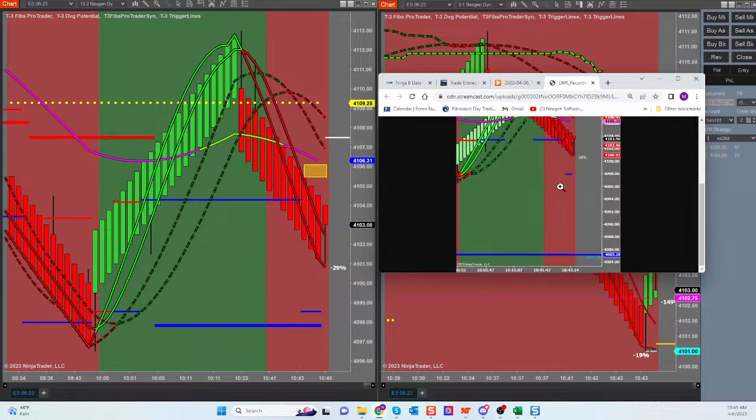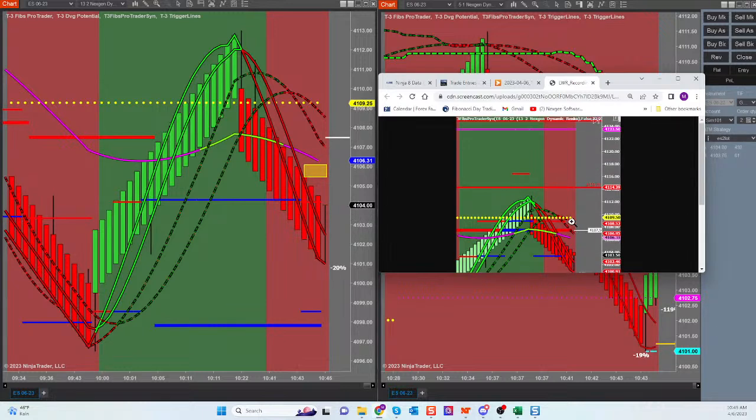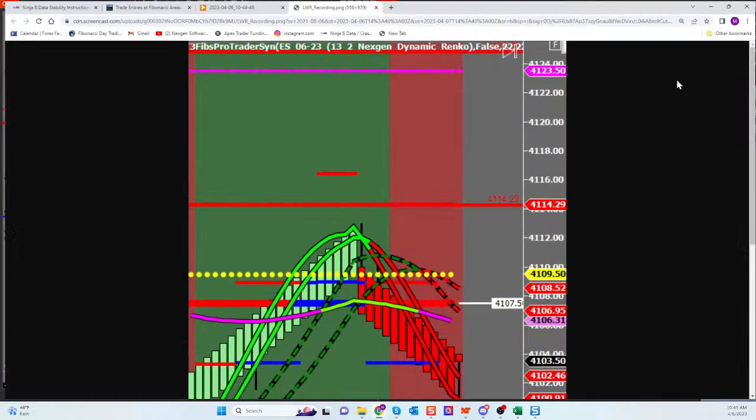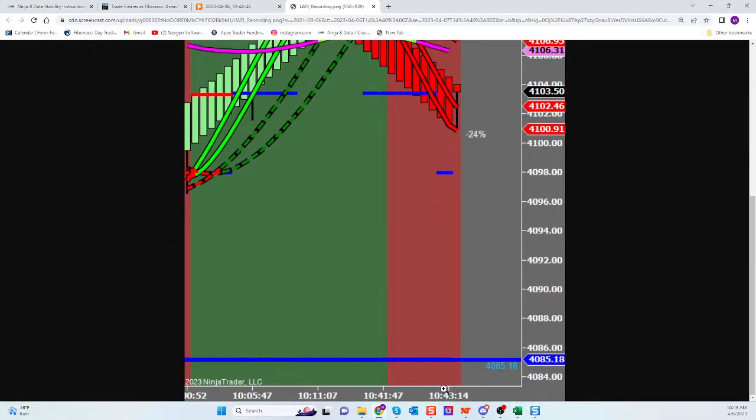And this one's the same. It's almost like mine stopped printing and yours didn't. I've got the same lines off to the side. Timestamp 1043, we're on the same.